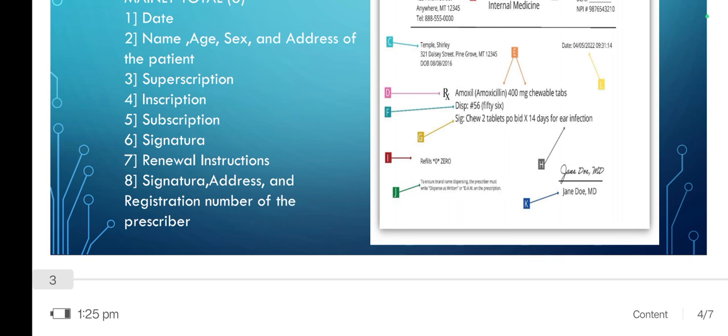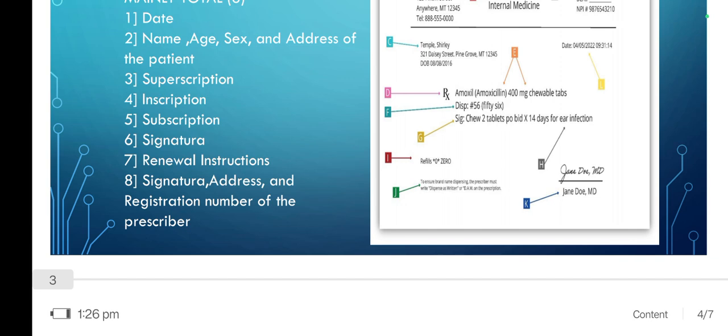It is very important, particularly in the case of habit forming drugs, to prevent misuse. For renewal instructions, when you have almost finished your prescription drugs, you can go and buy the same drugs a second time. The pharmacist mainly observes the prescription, and after the second time you get the same medicines, the dose may increase depending on your health. That is called renewal instructions.